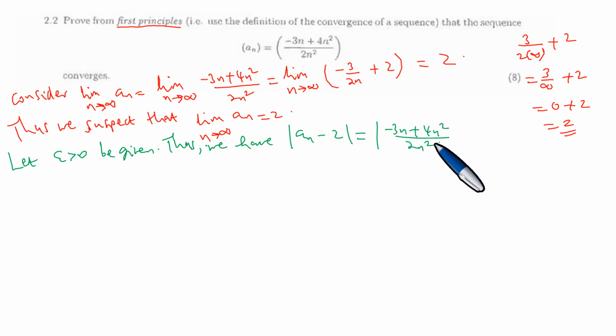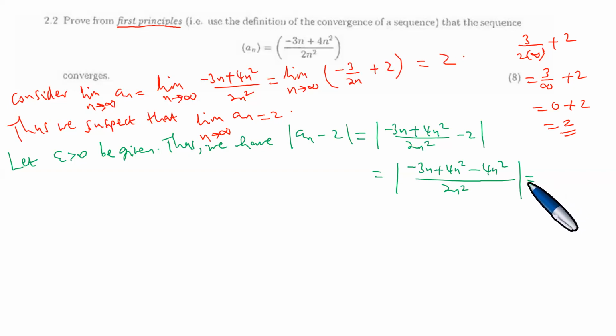So you have minus 3n plus 4n squared minus 4n squared. So you have minus 3n, and this is exactly minus 3n squared here.